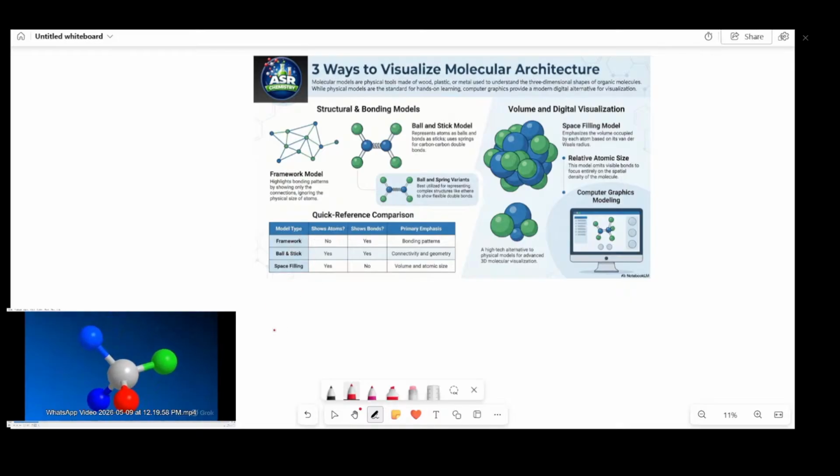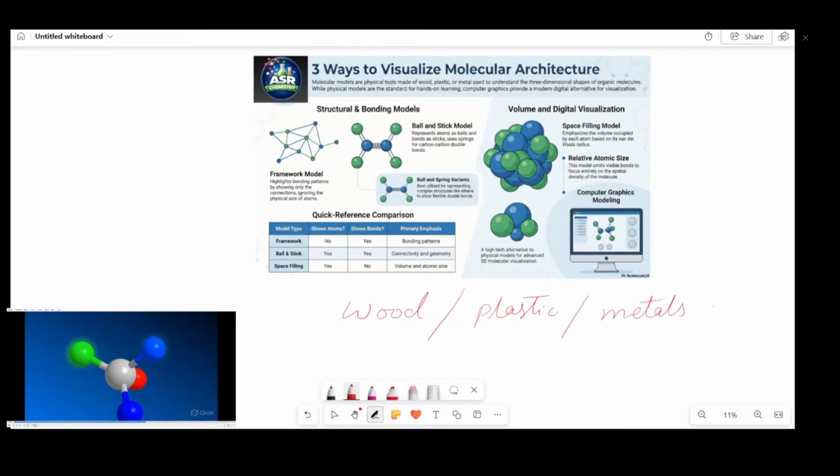These models are made up of wood, or plastic, or some metals. They are used to visualize the molecular structures. These three types include the framework, the ball and stick model, and the space filling model.